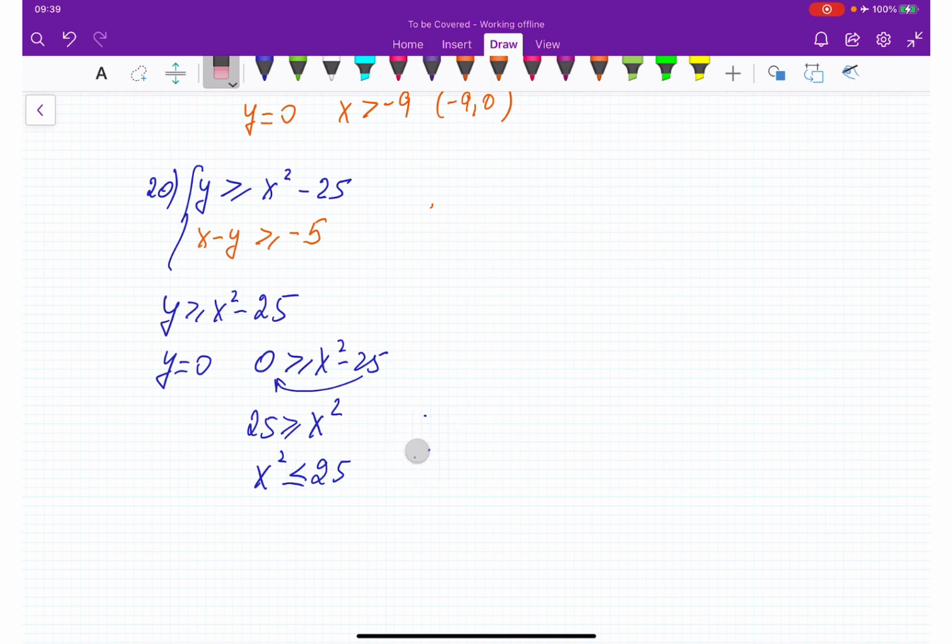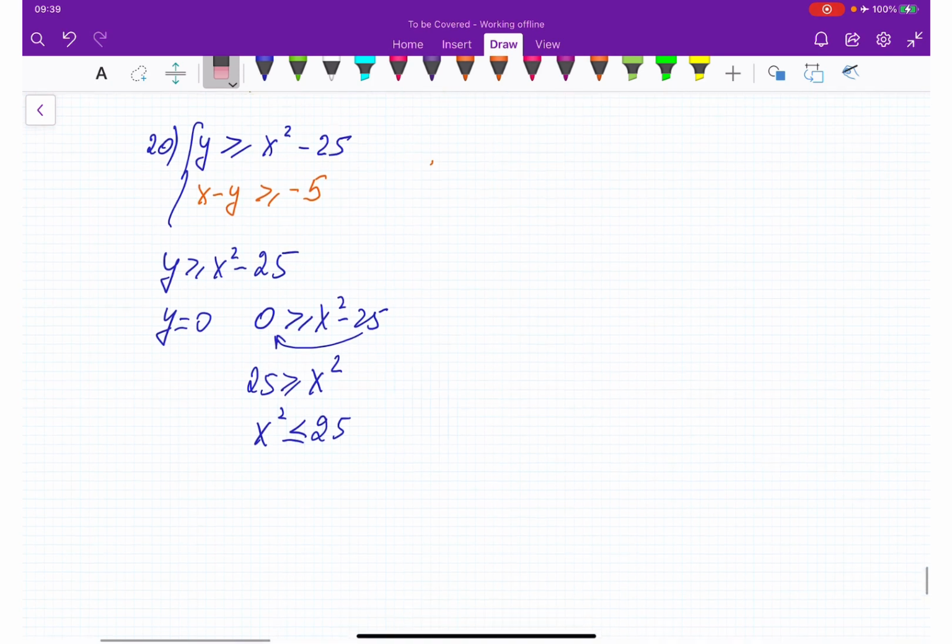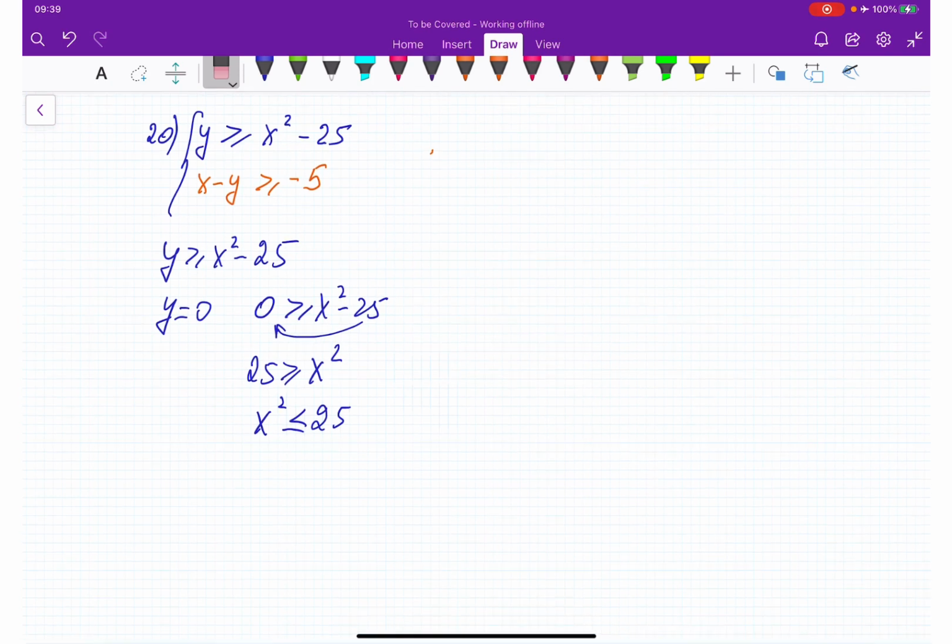So, and from here, I have module x, because it's x squared, or okay, let me put plus minus, might as well. Plus minus x less equal 5. Because we are taking square root, right?